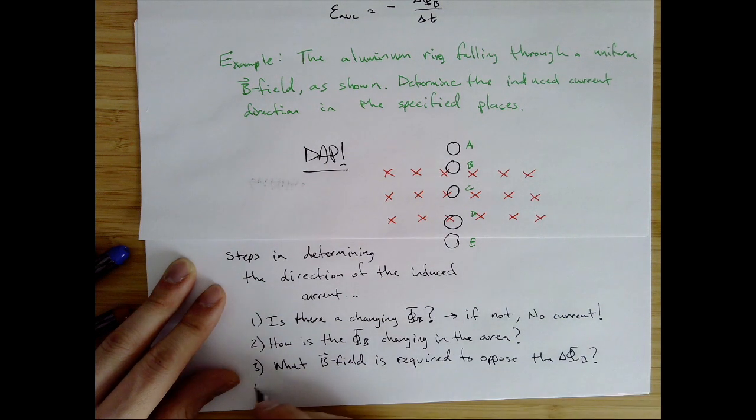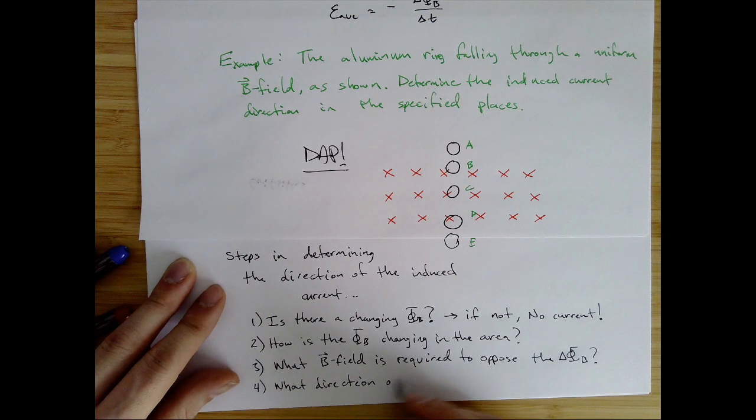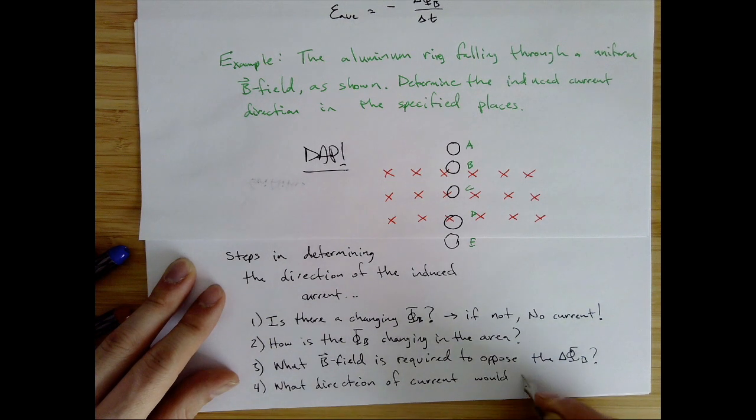And 4, what direction of current would create those B field lines? Or we could say would produce, or establish is my favorite, but I'll say produce the B field from step 3.